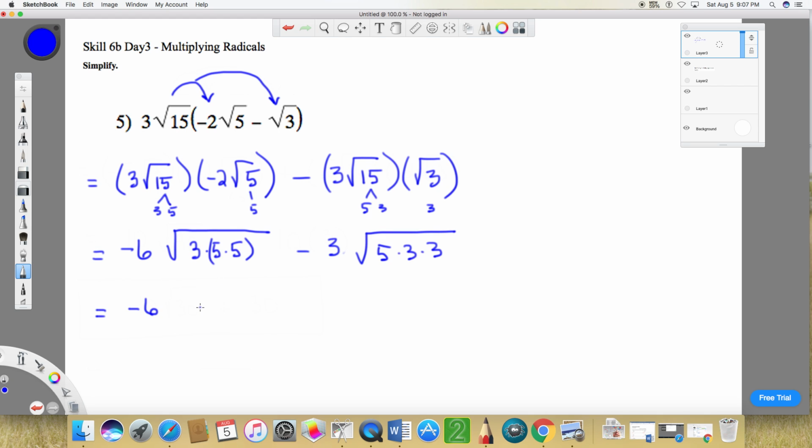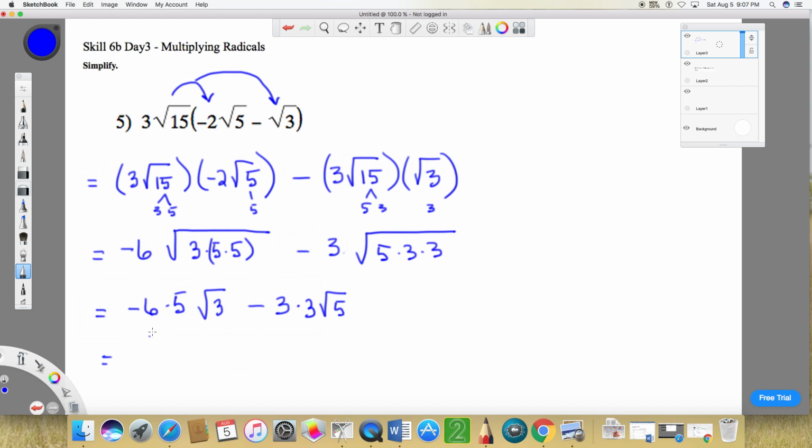Well, I can't simplify that. What's the square root of 25? 5, because 25 has a pair of 5s. I can't do anything with this square root of 5. It's not a pair, it's just a single value. But I do have a pair of 3s. This is saying take the square root of 9.